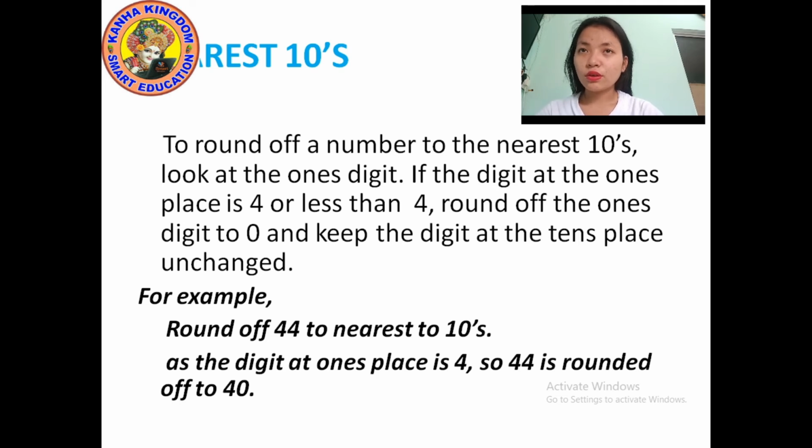That means 44 is rounded off to 40, because 44 has 4 in its ones place, so you have to round the ones place to 0 if the digit is less than 4 or equal to 4. Okay.